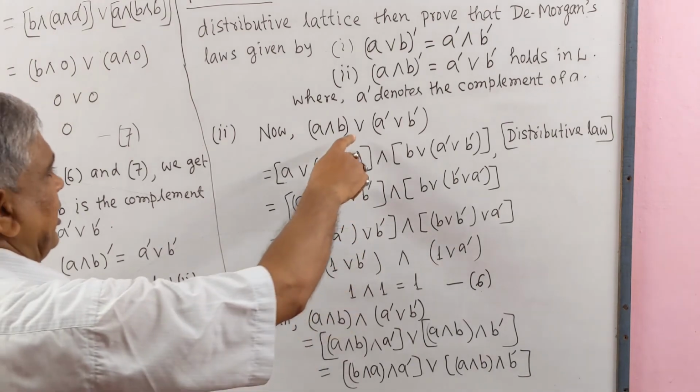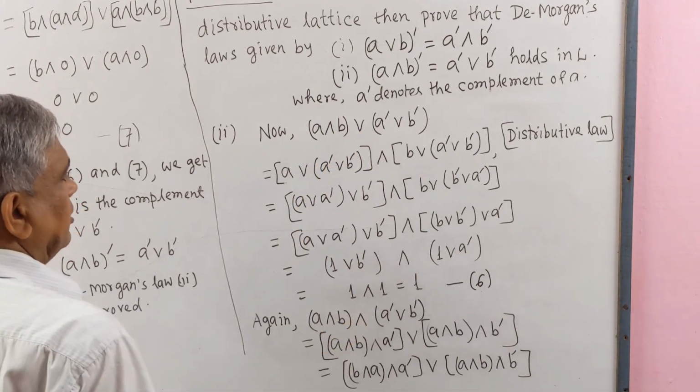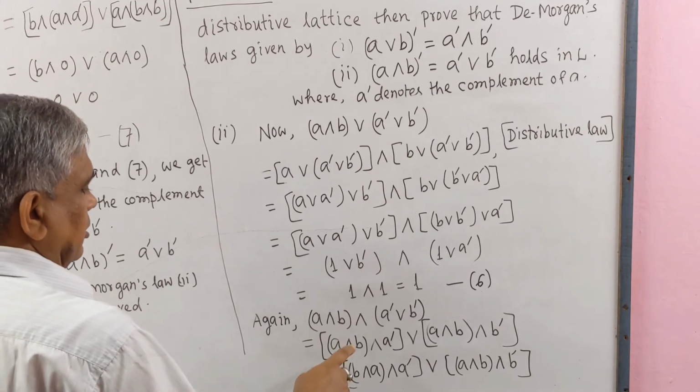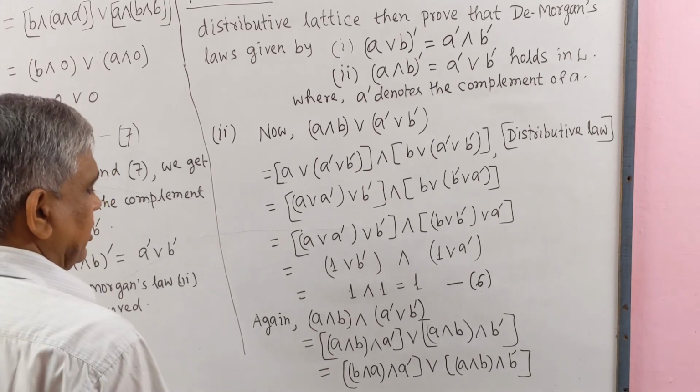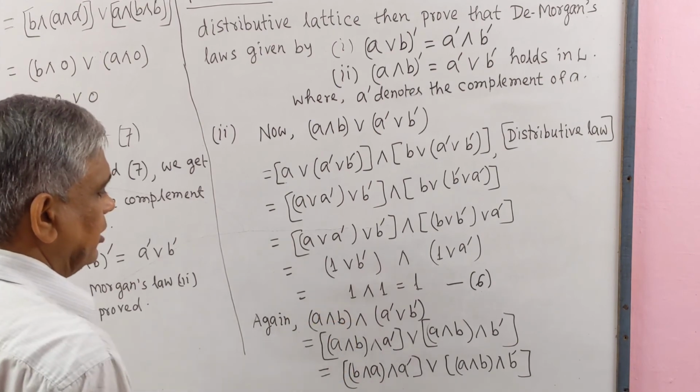Here now in place of join we give meet, and we take A meet B as 1 unit.